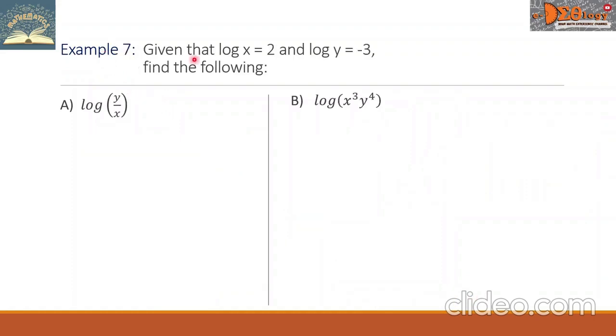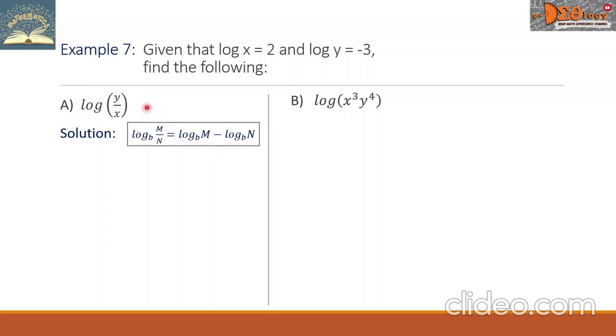Example 7. Given that log x equals 2 and log y equals negative 3, find the following. We have two problems, A and B. Let's begin with A. Log of the quantity y over x. We know that the log of the quotient m over n base b equals the log of m base b minus the log of n base b.